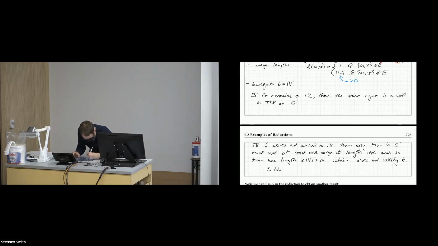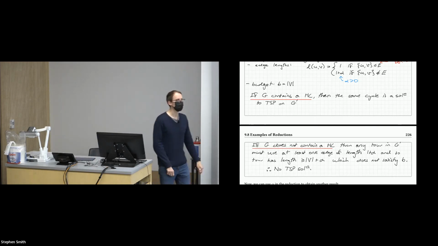Therefore, no TSP solution. Right, so we have these 2 cases. G contains a Hamiltonian cycle, then TSP contains a solution. If G does not have a Hamiltonian cycle, then there's no TSP solution.